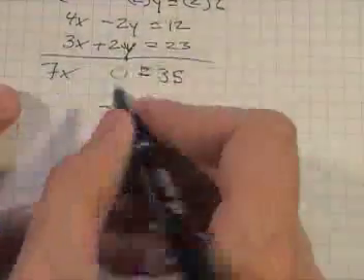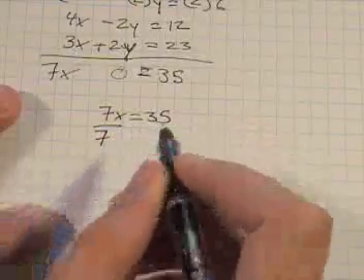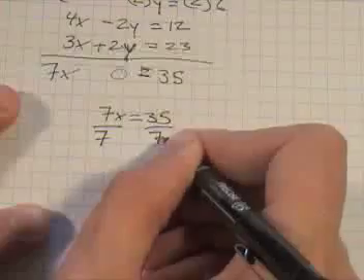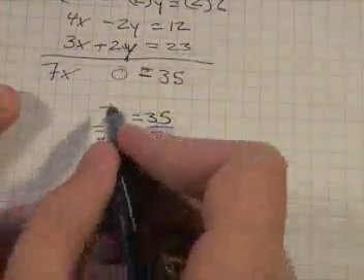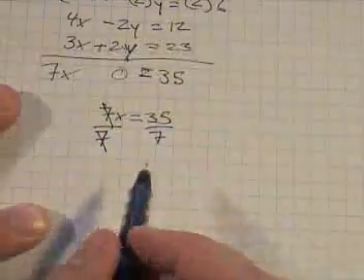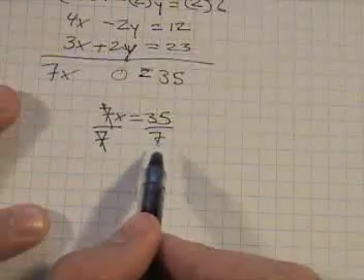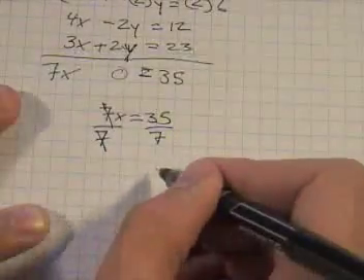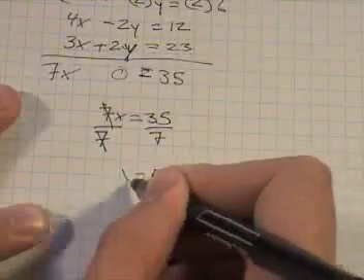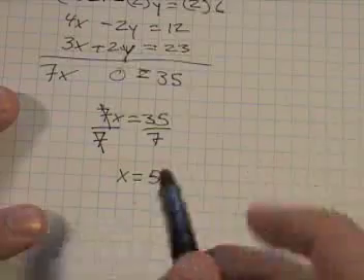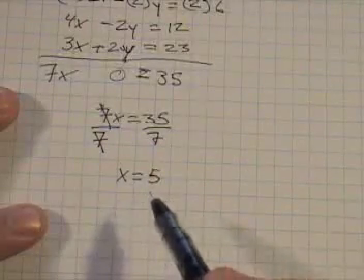To isolate the x variable, divide each side by 7. These two cancel out. 35 divided by 7 becomes 5. So x equals 5. Let's plug this back in so we can figure out what y is now.